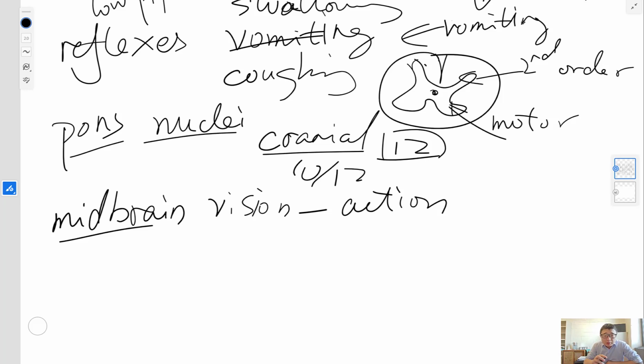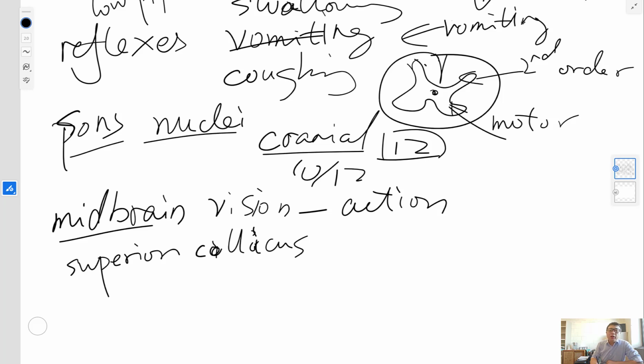In humans, vision processing is mainly taken over by the occipital lobe of the brain. However, in the midbrain, there's still some remaining. We have the superior colliculus. I'm not sure of my spelling. Superior colliculus.